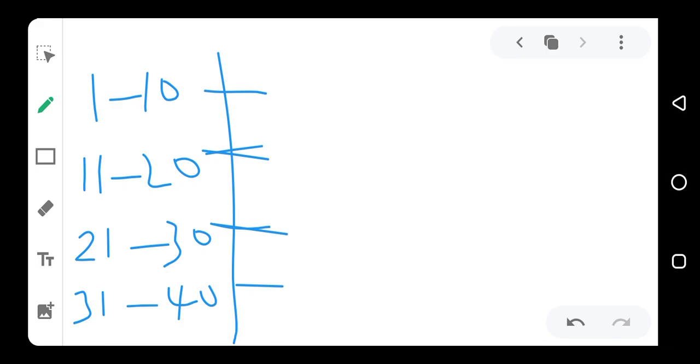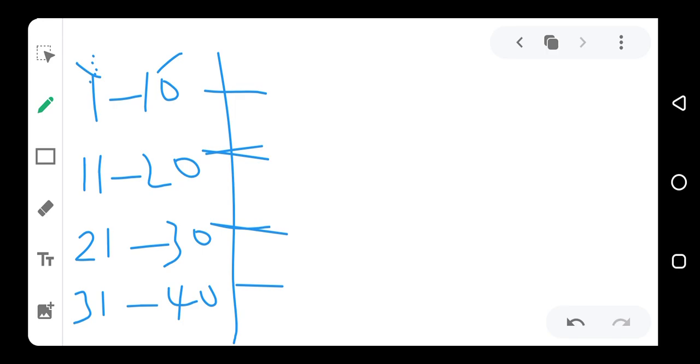Now, if you are asked to find the class limits of the first interval, the limits of the first interval is 1, and here is 10. The lower class limit is 1, and the upper class limit is 10. If you are asked to find the class boundary, of course you know how to do it. The first one is the lowest thing you can do to get to 1, which is 0.5.